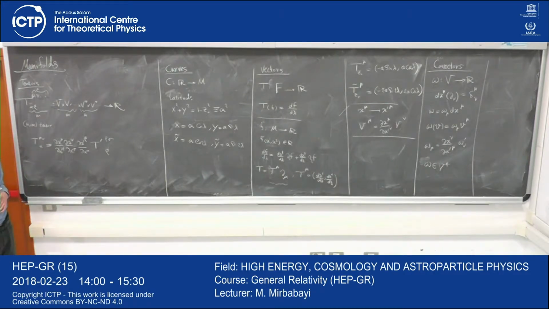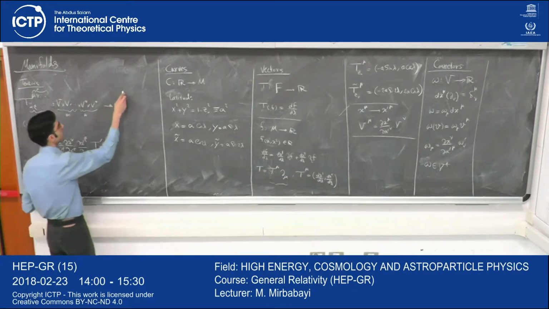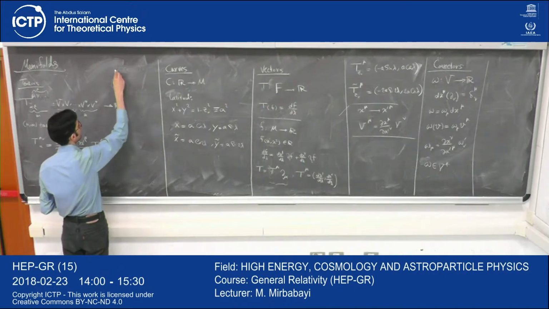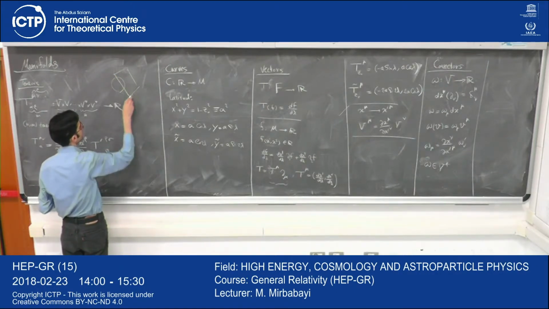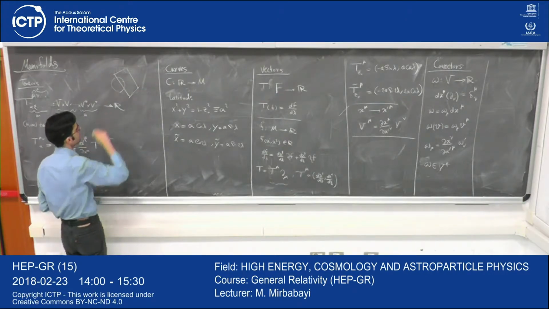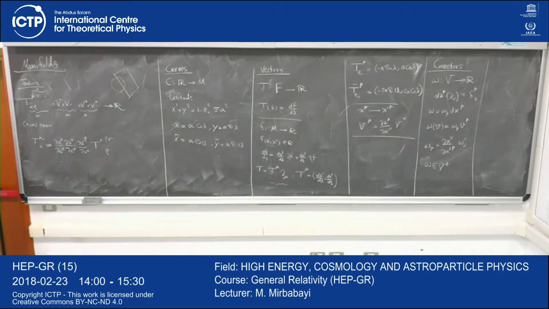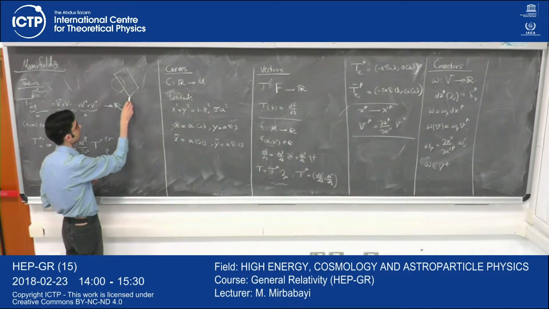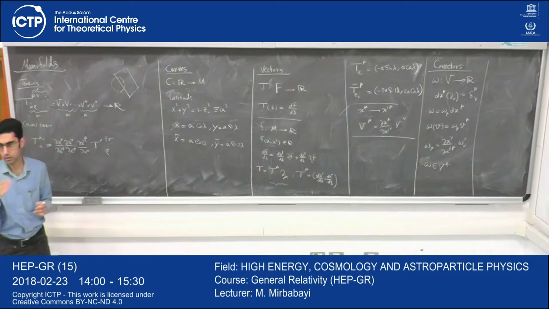Well, if you embed your manifold in some higher dimensional space and then think of the tangent space as a plane, that is a plane that is tangent to your manifold at a single point, then this plane is just a Euclidean plane, right?